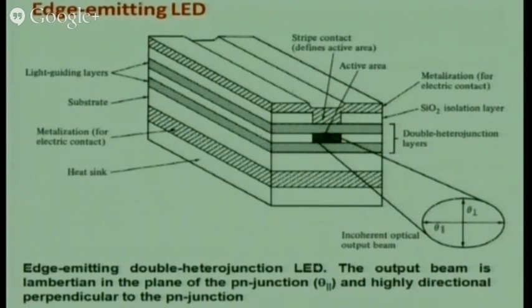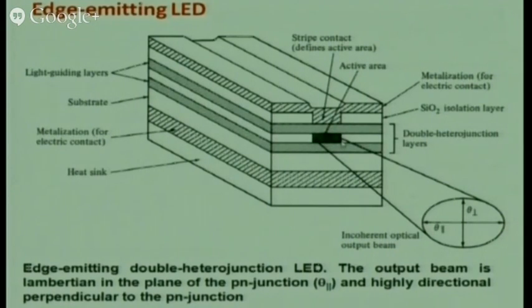Another structure, again the concept is the same, that you have a double heterostructure. These are the two light guiding layers or confinement layers, and this is your active layer. Within the active layer I have created a stripe.